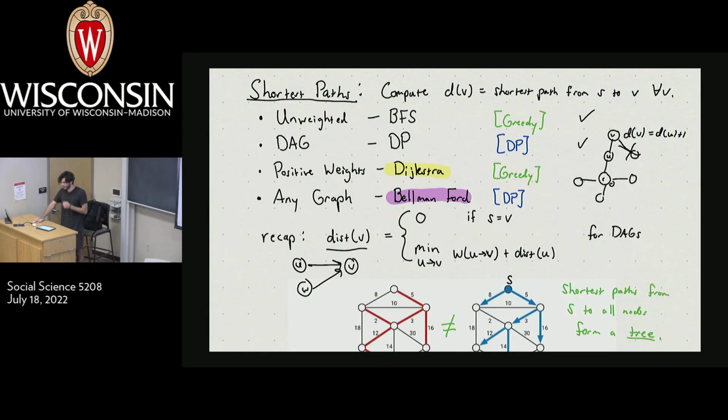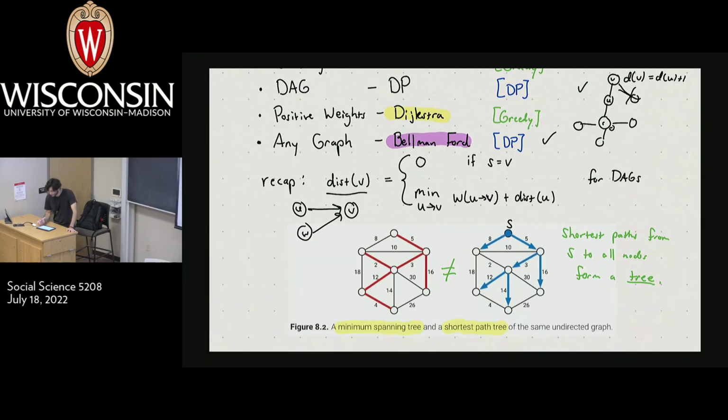In Bellman-Ford, we actually already went through the DP version of it, but we'll discuss it again in a different version. So just to remind you what the goal of the shortest path problem is: you're given a fixed start node S, and you want to compute the shortest path from S to every other node. So you're creating this distance function d of v for every other node.